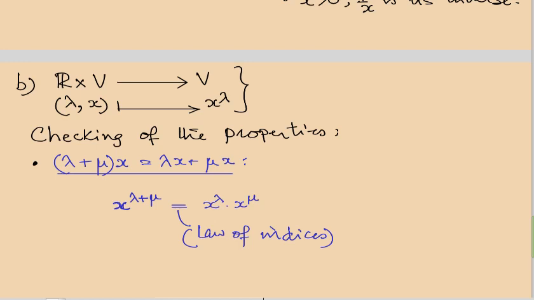But x to the power lambda is interpreted in my example as lambda times x. X to the power mu is mu times x. And this plus, which was the vector addition, is nothing else but this multiplication. So the laws of indices says that this rule holds good.